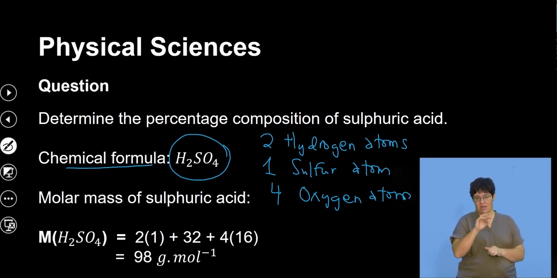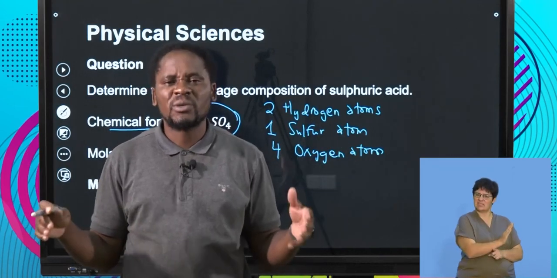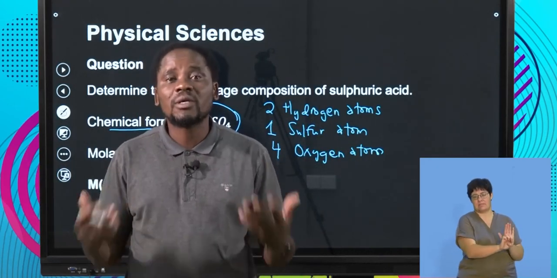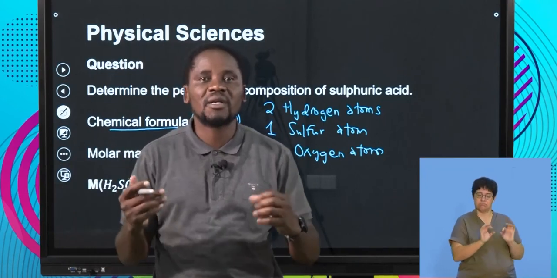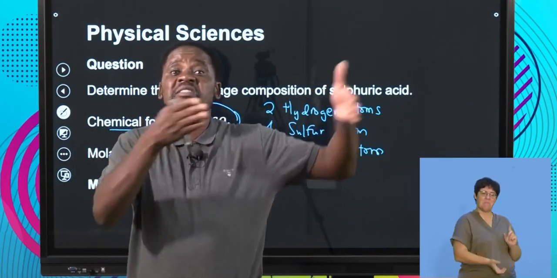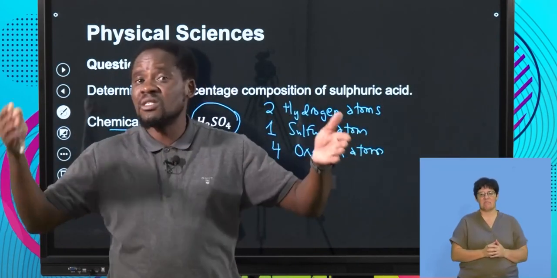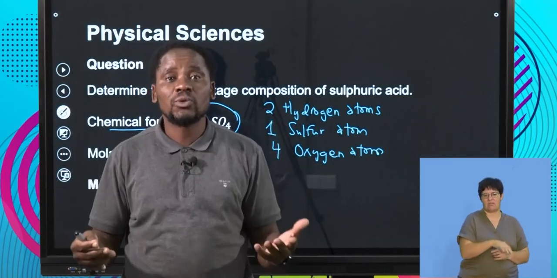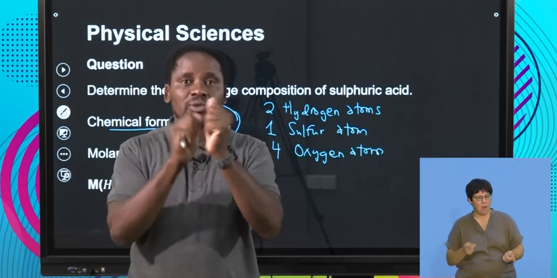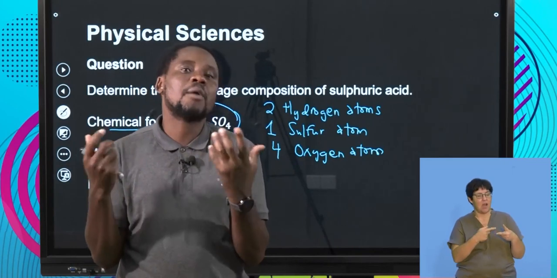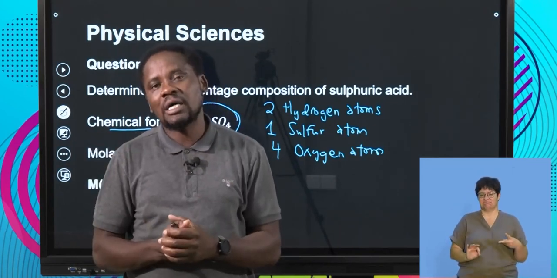In the first segment, we managed to look at some of the examples of how exactly we arrive at the correct chemical formula of a given substance, given the name, given the cations and the anions. Now we are able to put those together so that we come up with the correct chemical formula.